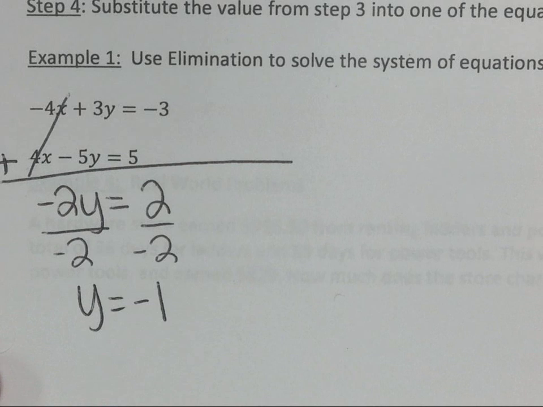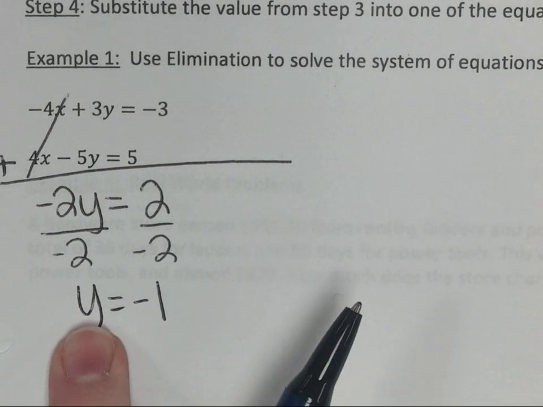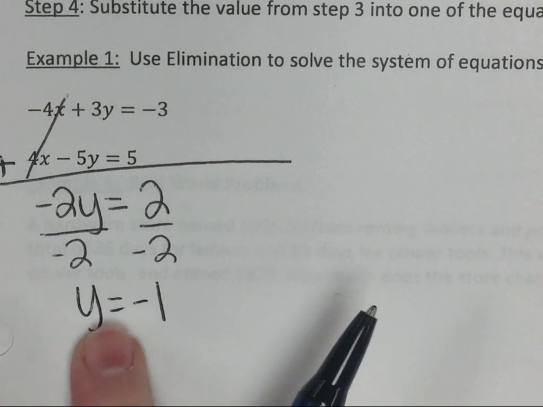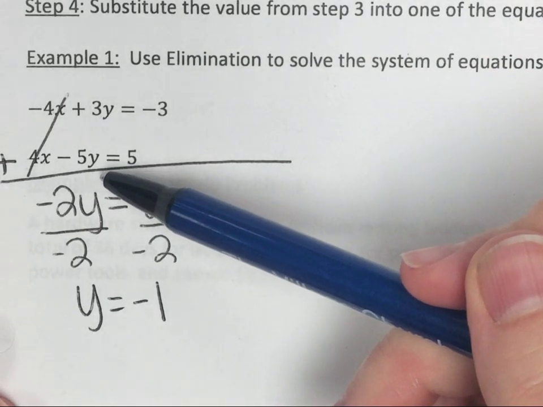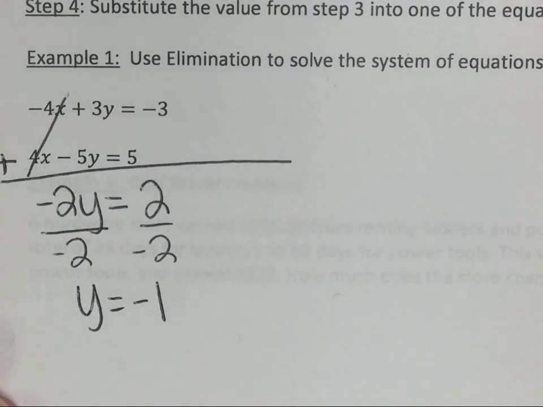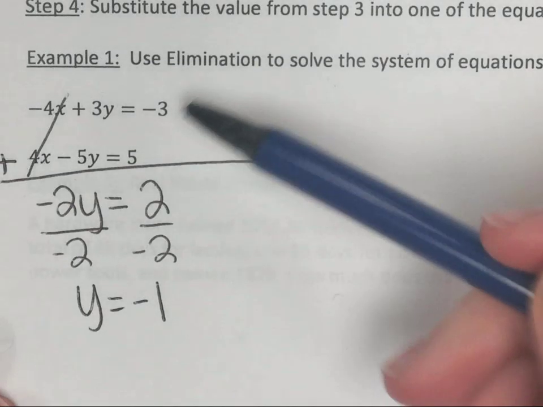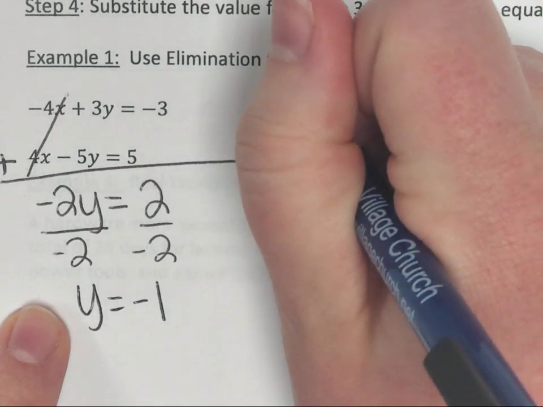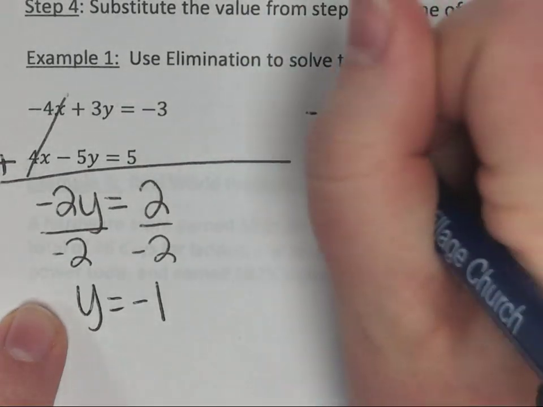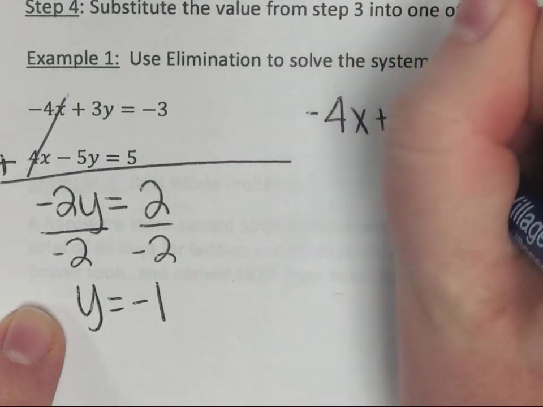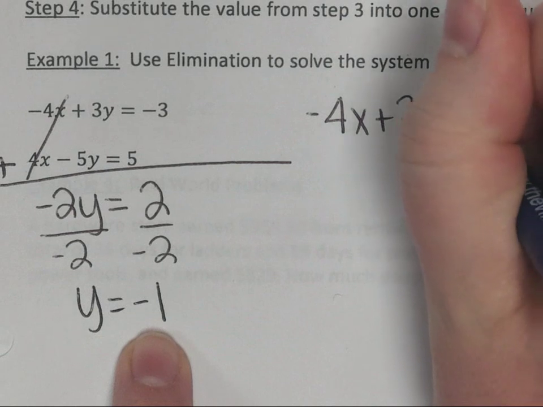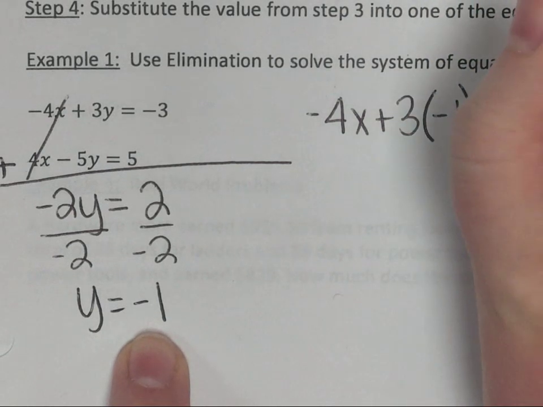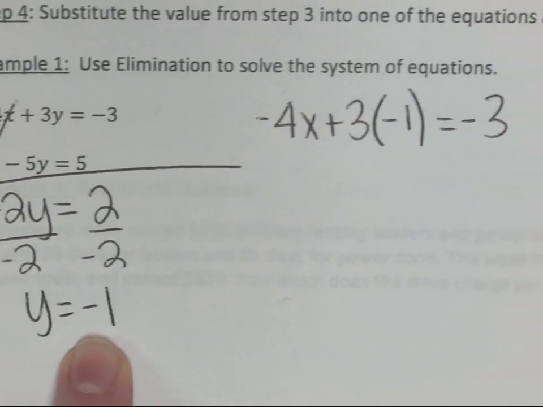Good, yep. So once we've gotten one of our variables, then we're doing the same thing that we did with substitution, where we're going to plug it back in. It doesn't matter which of these equations you plug it back into. So which one would y'all like to use? The top one? Okay. So we can do negative 4x plus 3 times negative 1, because y is negative 1, is equal to negative 3.